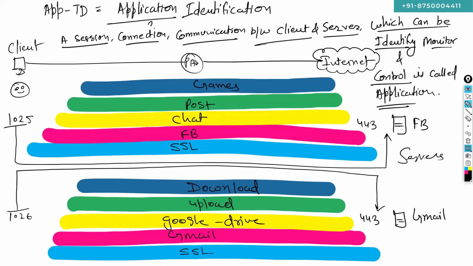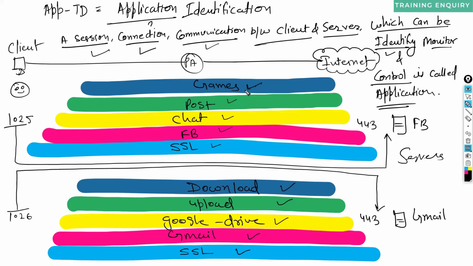Palo Alto Firewall has the capability that when client and server are communicating with each other, it can identify their connection or session. Palo Alto can identify that this is SSL, this is Facebook chat, this is a post, and this is a game. Same way, Palo Alto can identify this is SSL, this is Gmail, this is Google Drive, this is upload and download.